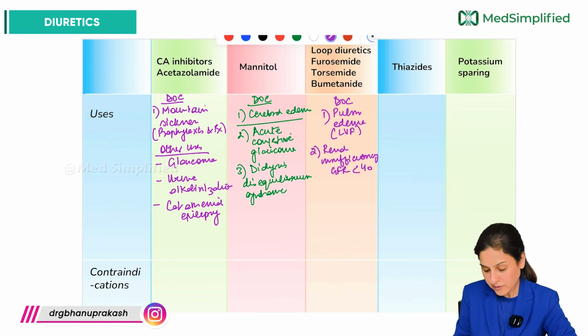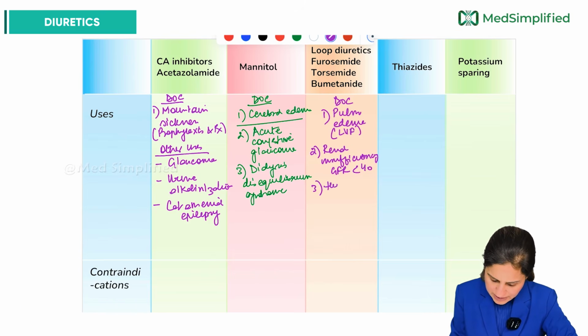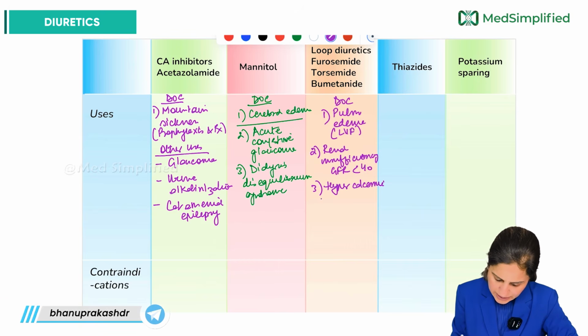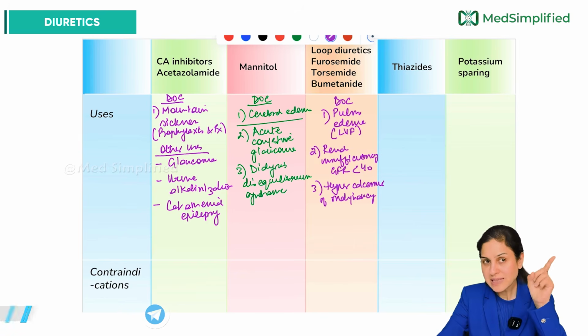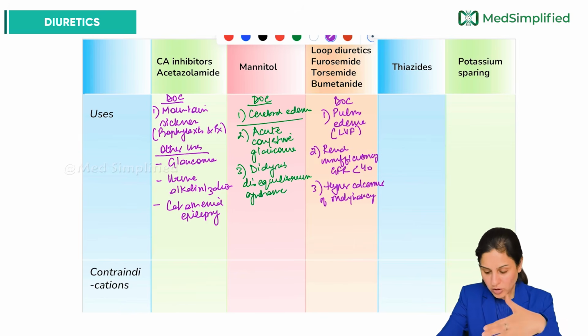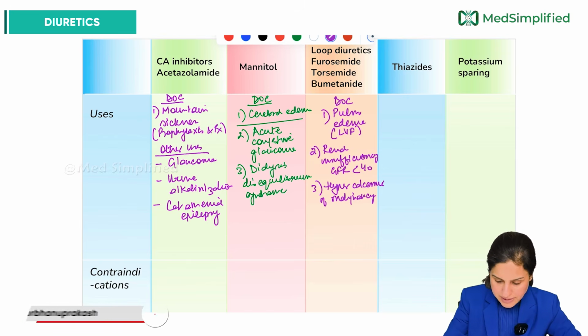These are effective even if the GFR is less than 40. Number 3, in case of hypercalcemia of malignancy, because the drug causes hypocalcemia. It will lose the calcium. So therefore it can be given in hypercalcemia of malignancy.